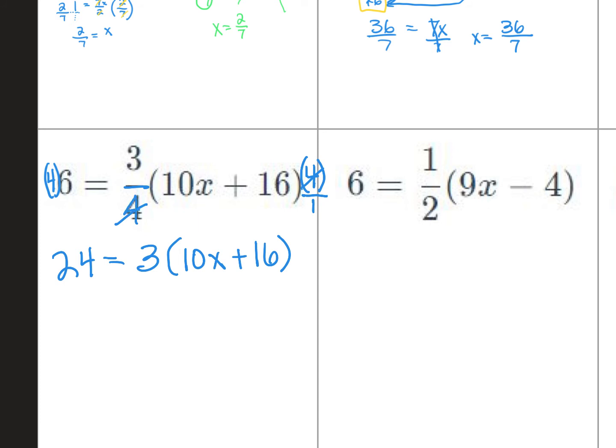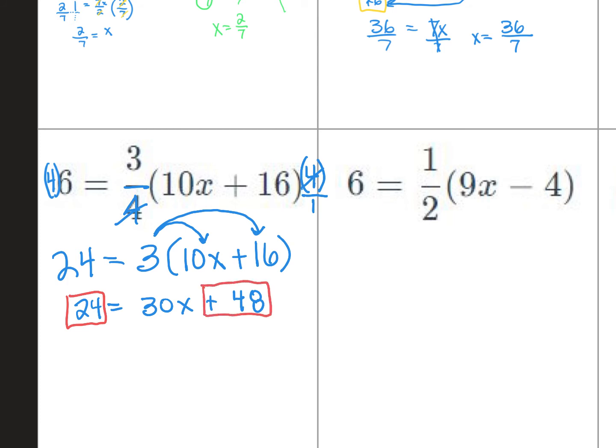Now I'm going to distribute. 24 equals 3 times 10x is 30x. 3 times positive 16 is 48. Now I'm going to do my teams. I've got a number team, and an X team. I've got to move this guy over to get the X team by itself. And now it's minus 48.